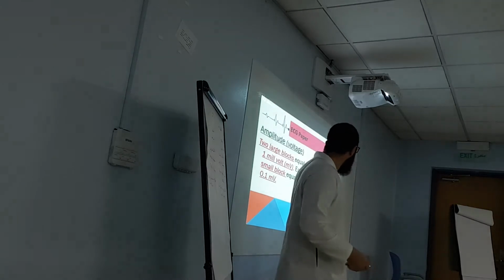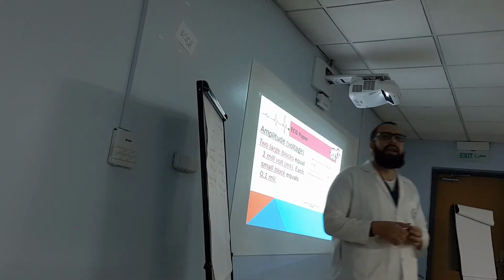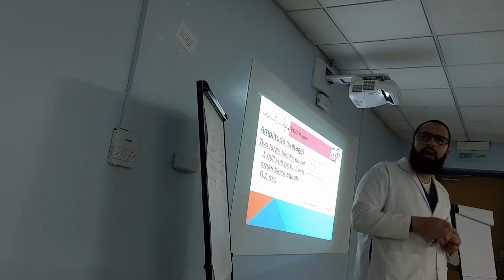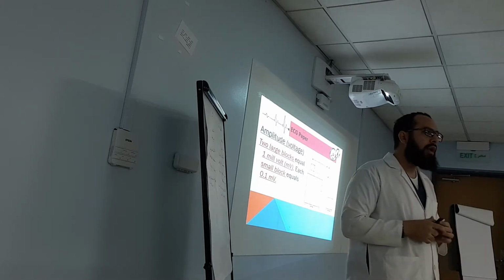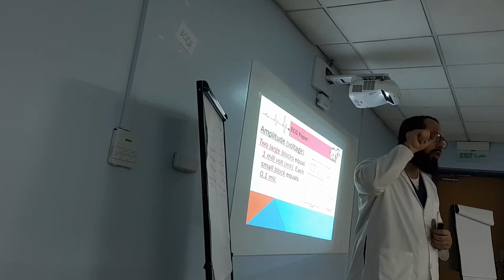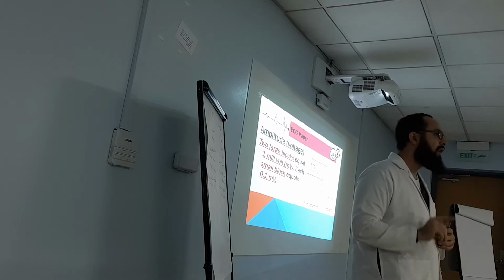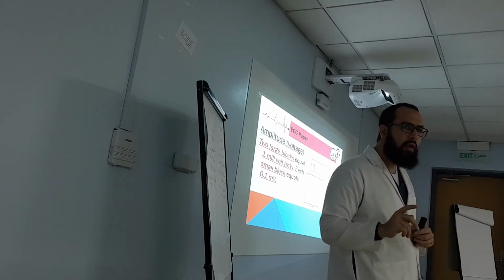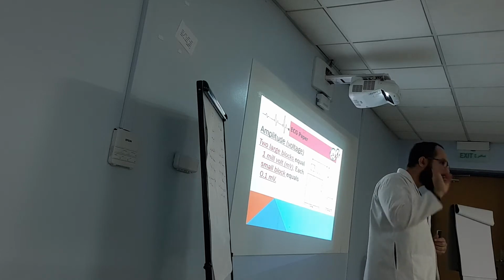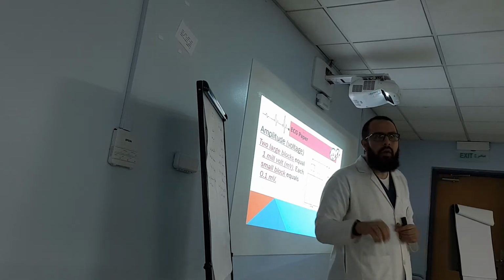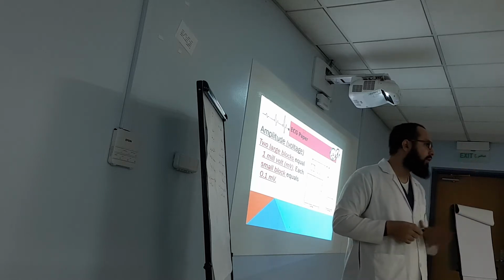So in the vertical plane, each small square is equal to 0.1 millivolt, equal to 1/10 of a millivolt. Okay, so how many small squares in 1 millivolt?